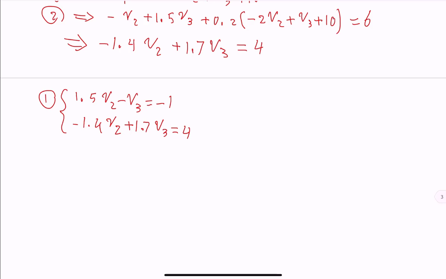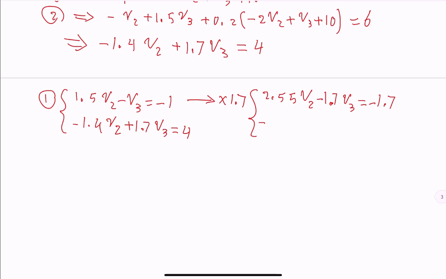Let us eliminate V3. Multiply the first equation by 1.7. We get 2.55 V2 minus 1.7 V3 equal to negative 1.7.